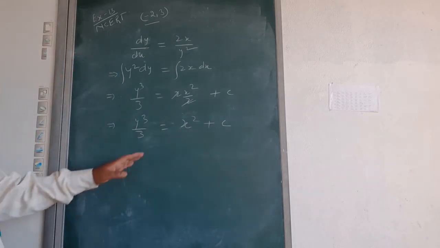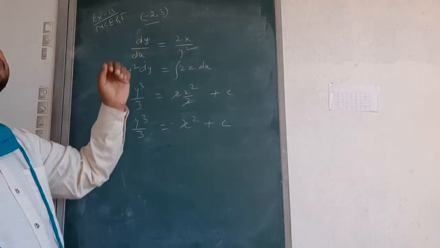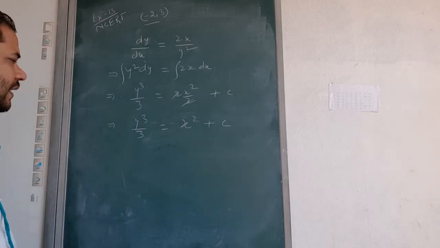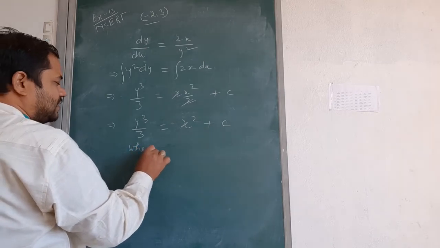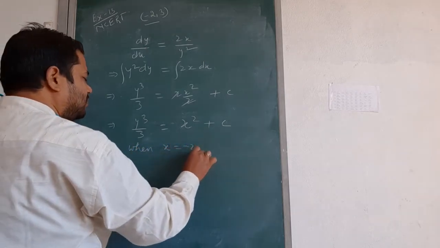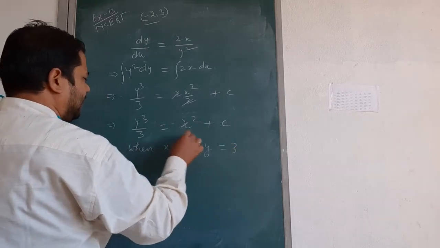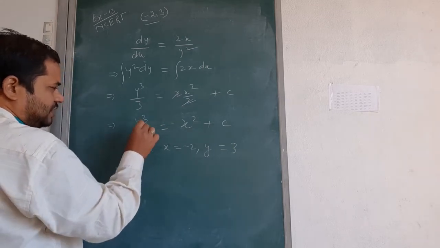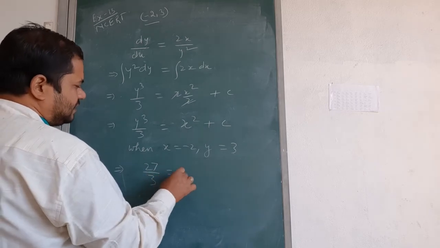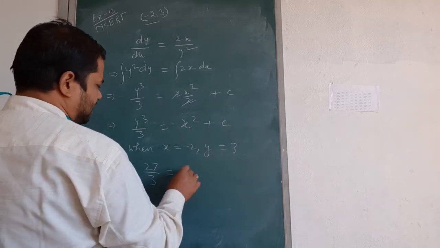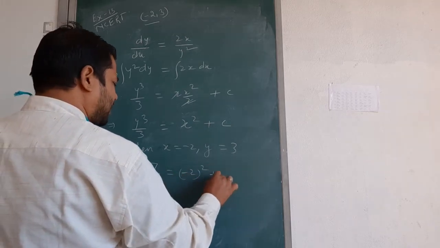As you know, this particular curve passes through the point (-2, 3). So when x equals -2, y should be 3. So 3 threes are 9, 3 nines are 27, by 3 equals (-2) whole square plus c.